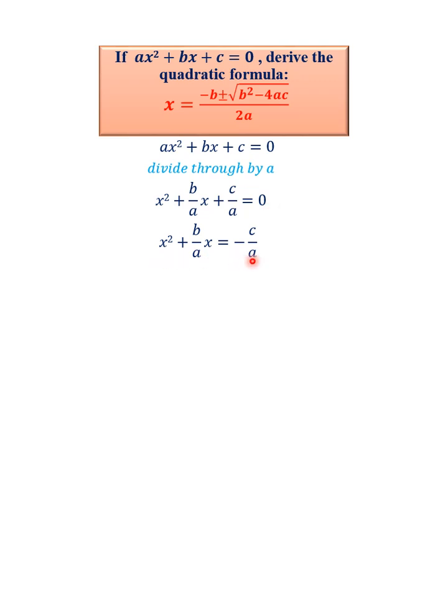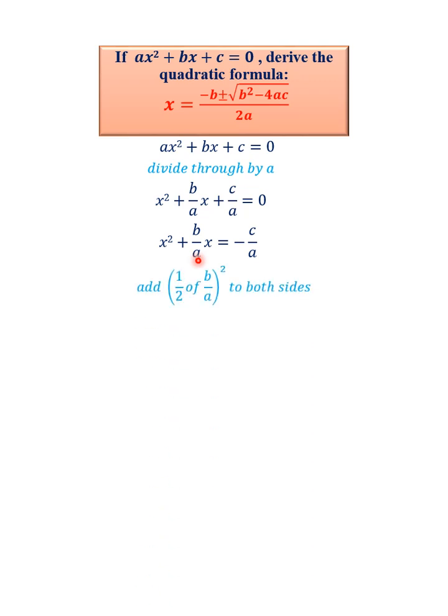From here, we want to identify the middle term. And the middle term here is b all over a x. So the coefficient of the middle term, b all over a, is what we want to identify next. We will pick this b all over a and half it and square the half.